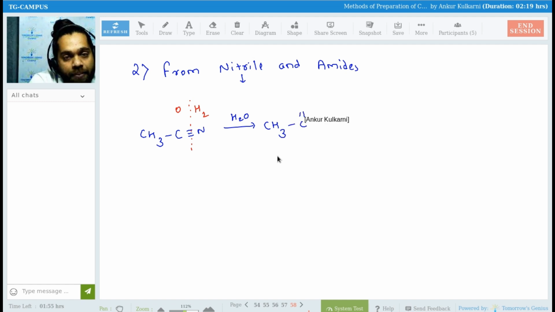CH3, C double bond O, NH2. What is this?